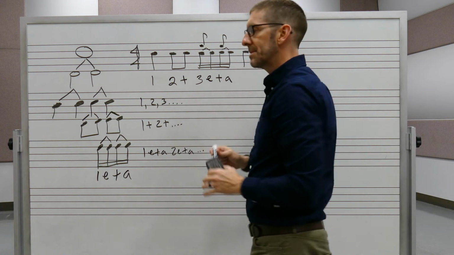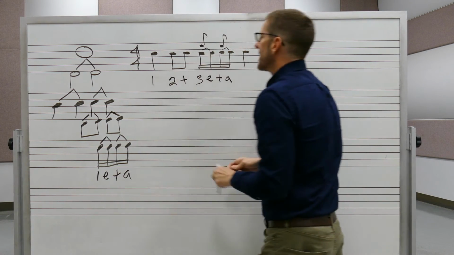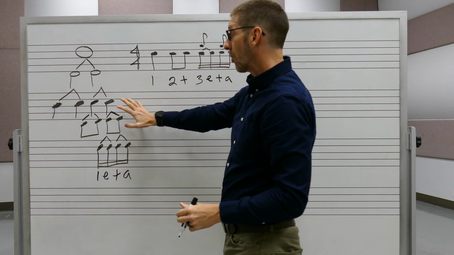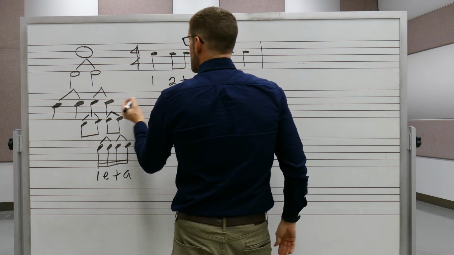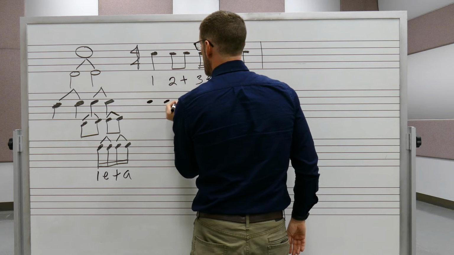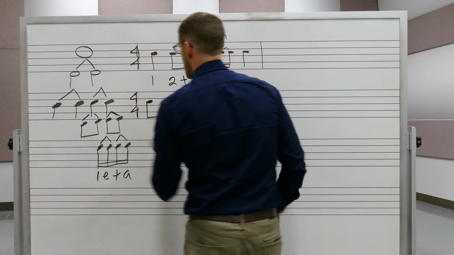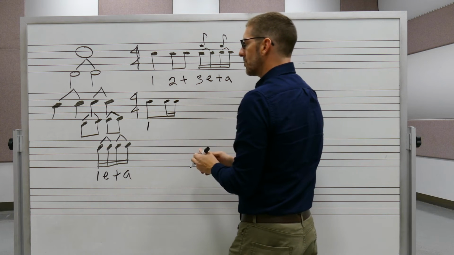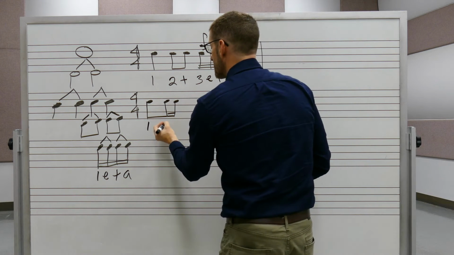Now, let's look at a few common patterns and see how that works out with different variations. So the book gives you several different patterns that occur commonly when you're dealing with the quarter note as your beat, and therefore 16ths as your subdivision. So let's try another couple patterns here. One thing I could do is have an eighth note and then 2 16ths. Okay, well then my eighth note is 1, and since it's an eighth note, my counting has to follow the 1 and 2 and pattern, so the next note has to be and.